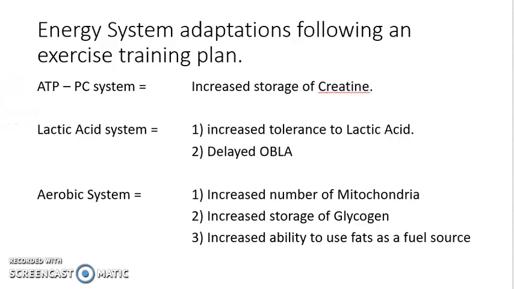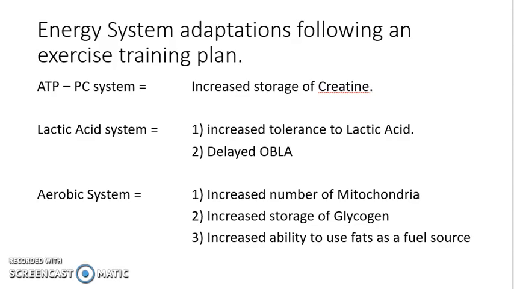Now, as ever with BTEC PE, there are others. So if you were doing a sports science degree or perhaps A-level biology, you may be aware of some slightly more detailed content here, but for the sake of your BTEC Unit 1, these are the key facts that you need to know. So I've just done a 6-week training plan.